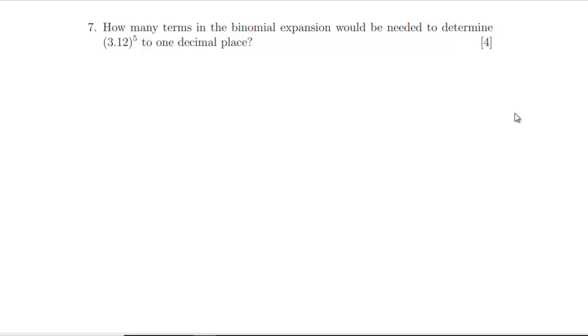How many terms in the binomial expansion would be needed to determine this to 1 decimal place? Well, we can trim this down a little bit, can't we? So 3.12, you're always looking for factors here. So just make it a little bit easier. We got 3 times 1.04 to the 5. That's certainly going to help. So we've got 3 to the 5 times 1 plus 0.04 to the 5.